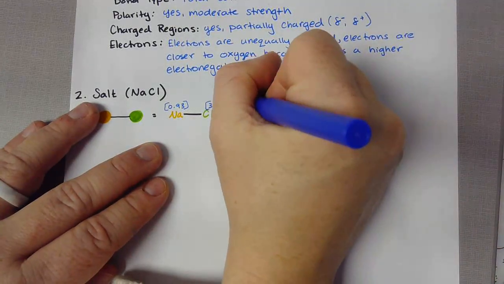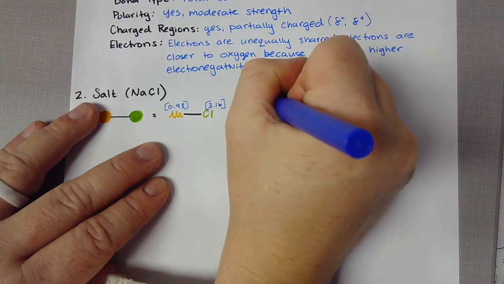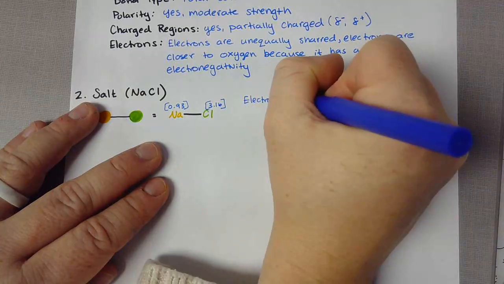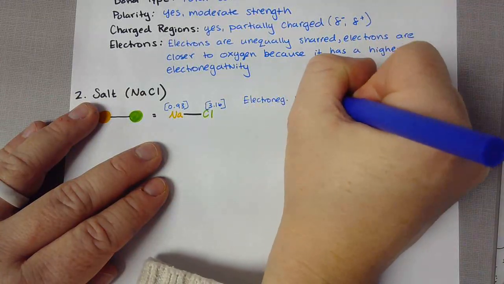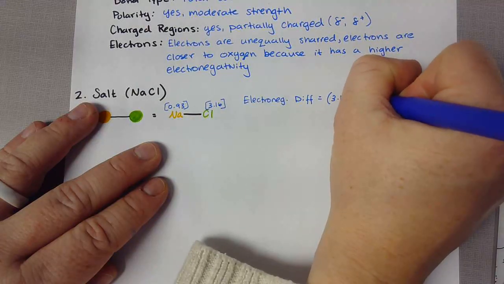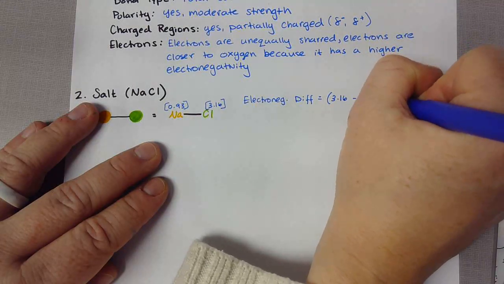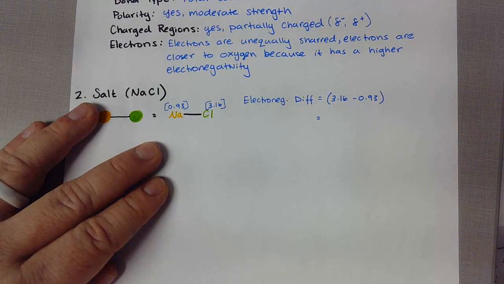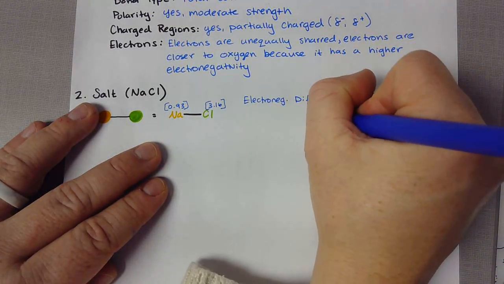My electronegativity difference here, always big minus little. So 3.16 minus 0.93. And what is that going to get me? A fairly big value, 2.23.